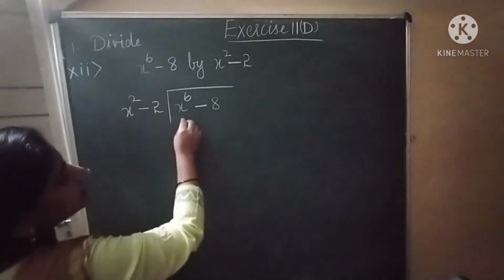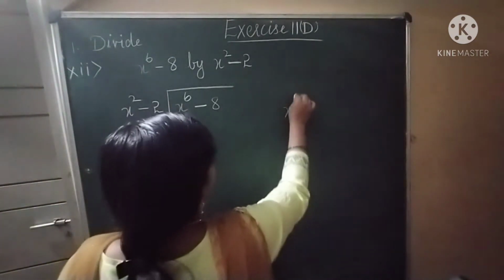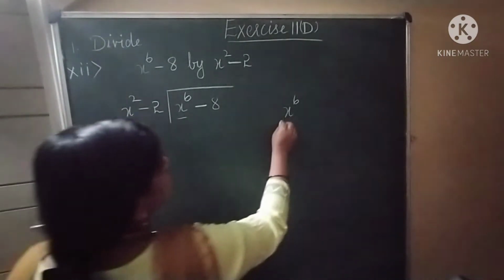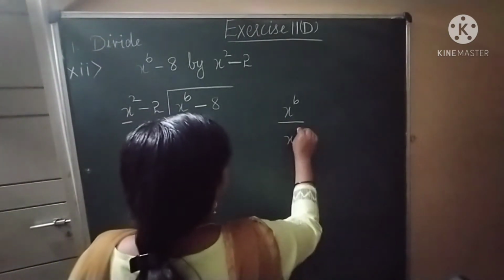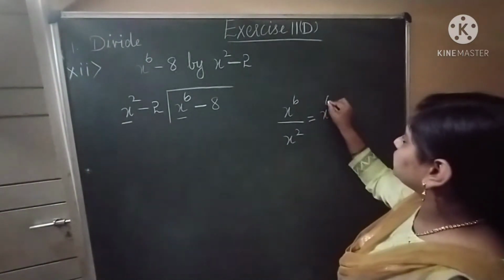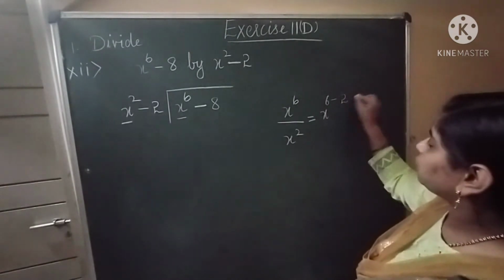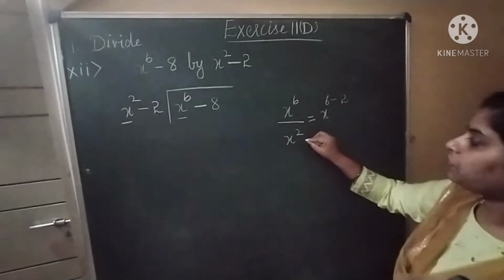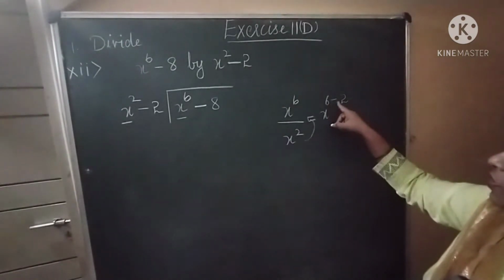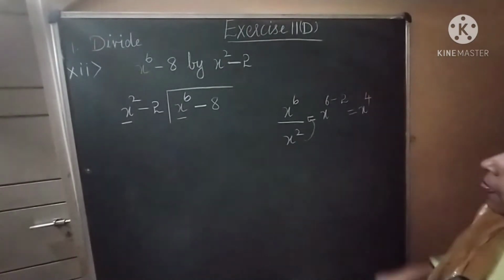The first step is to take the first term of the dividend, that is x to the power of 6, and divide it by the first term of the divisor, that is x square. According to the exponent rule, x to the power of 6 divided by x to the power of 2 gives x to the power of 6 minus 2, which is x to the power of 4.